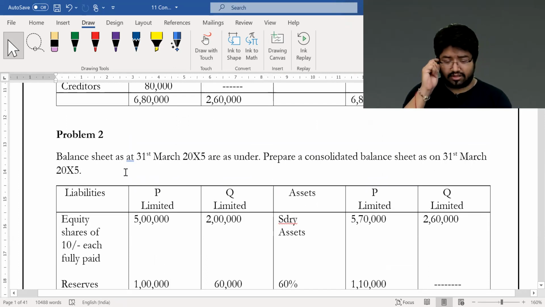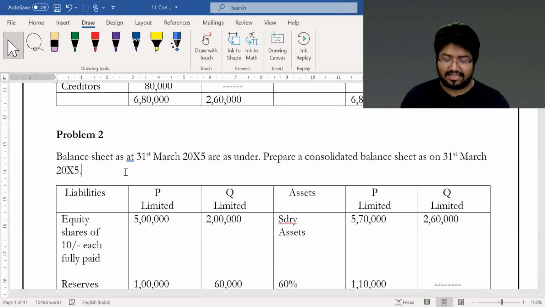See, I'll tell you. The problems in CA Final are only first consolidation events. Even after the first consolidation event, we will keep preparing consolidated financial statements thereafter. But that is very easy, because the initial adjustments are already incorporated. There is nothing new for us.